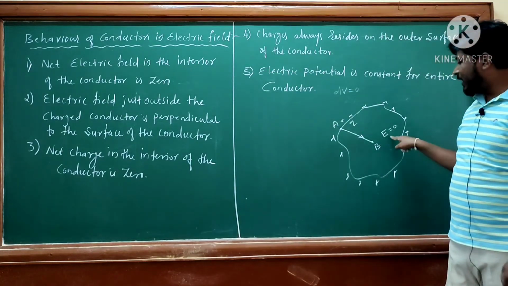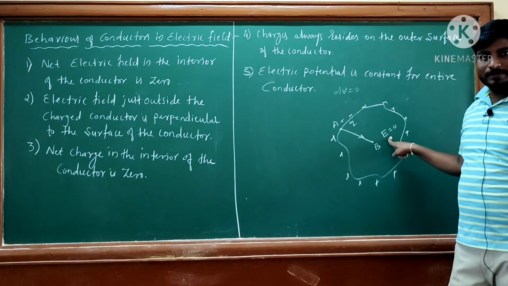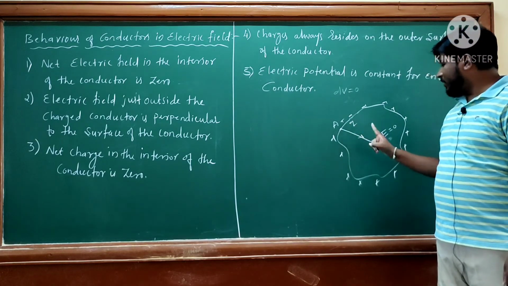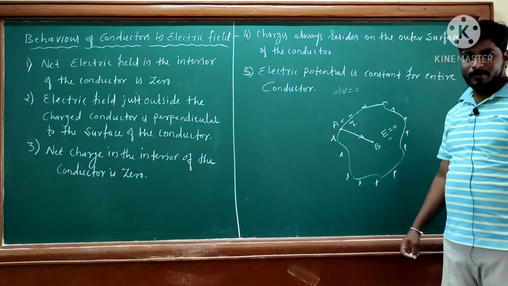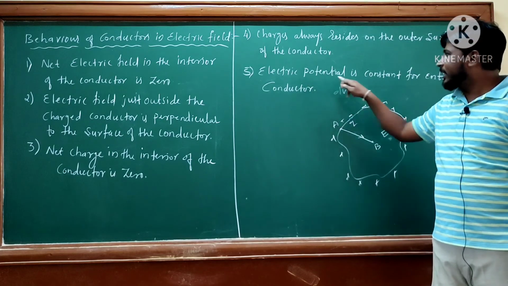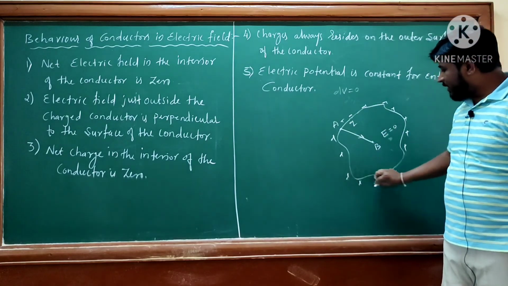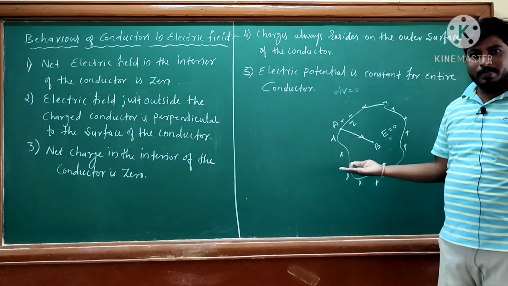The net electric field in the interior of the conductor is 0. If I move a charge from point A to point B, I am proving that electric potential is constant on the entire conductor here. We know that on the surface of the conductor the potential is the same.